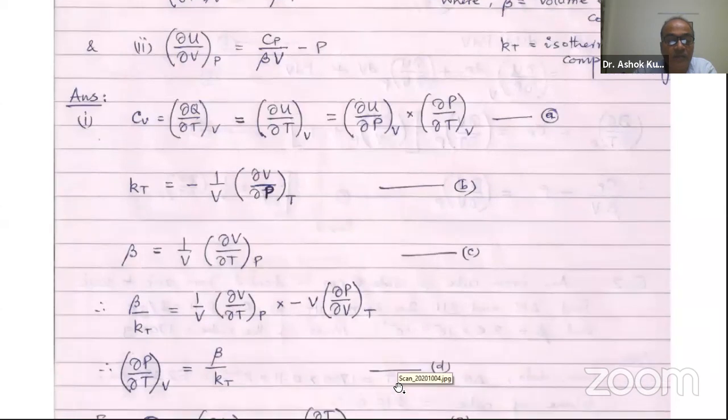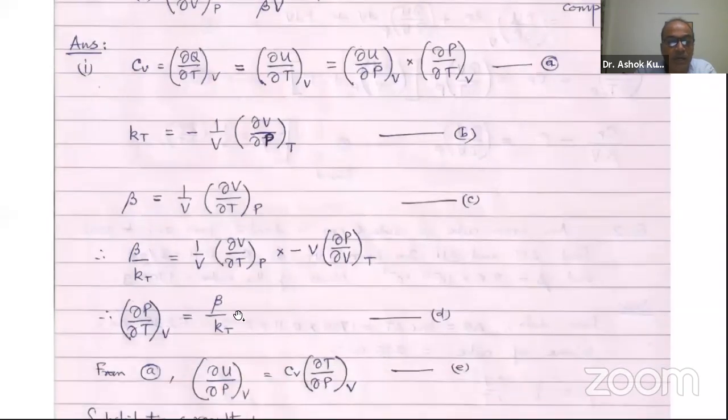Now, when they cancel out, we are left with del P upon del T equal to beta upon Kt. Now, this sign is only an indicator. The parameters do not change, and this sign is simply the sign of increase or decrease. Therefore, we do not take it, and it is beta upon Kt.